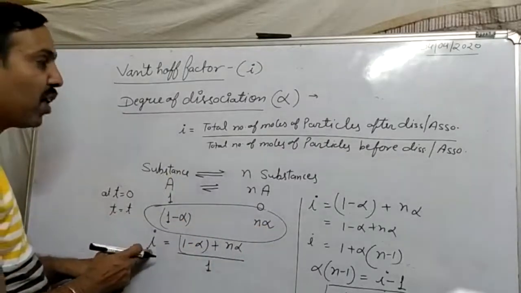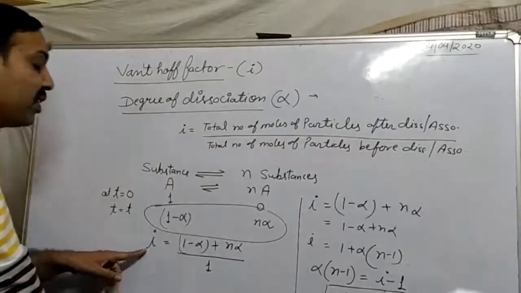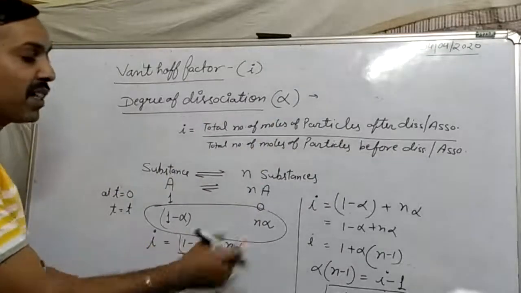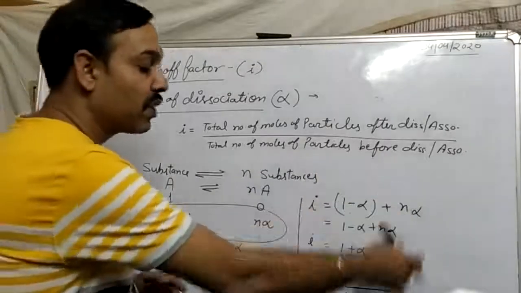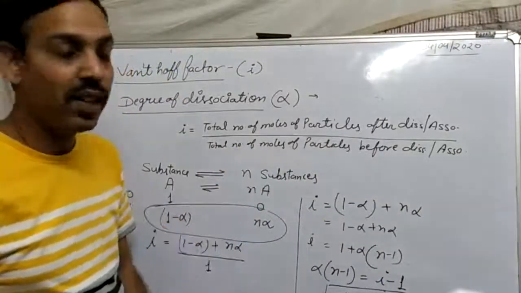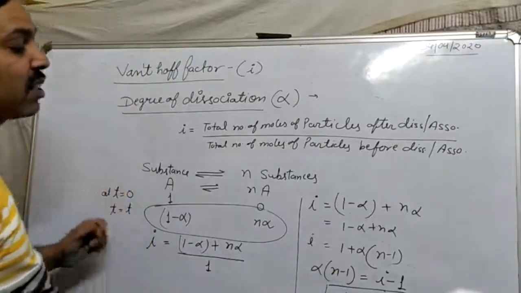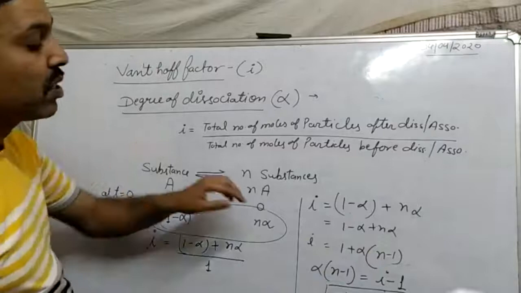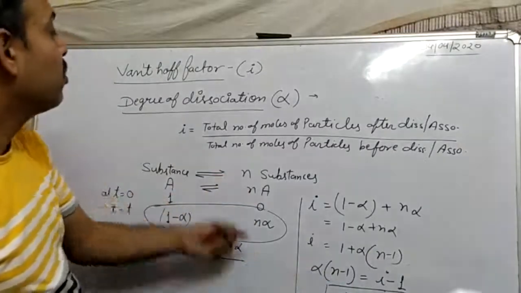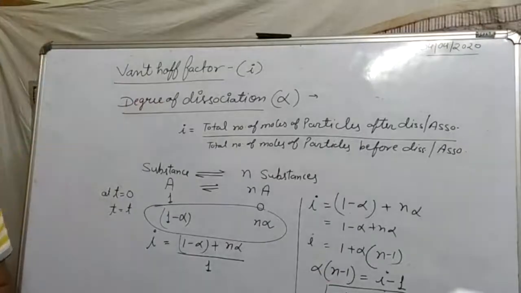The formula of i is total number of moles of particle after dissociation or association, 1 minus alpha plus n alpha, और फिर इसको कैलकुलेट किया and after that we find the value of alpha. Alpha is equal to (i minus 1) upon (n minus 1). So we use this formula to calculate the degree of dissociation. Okay, thank you.